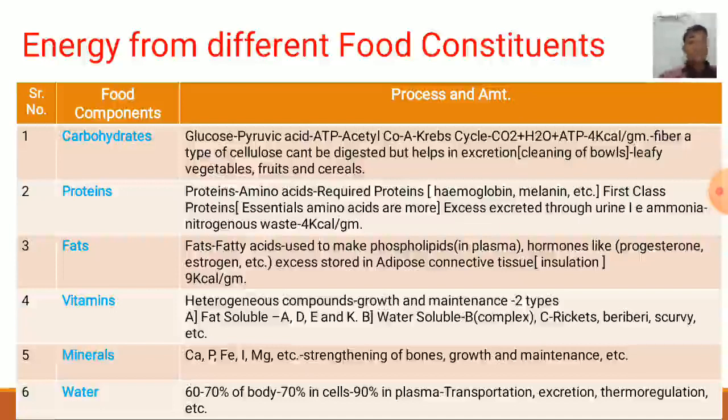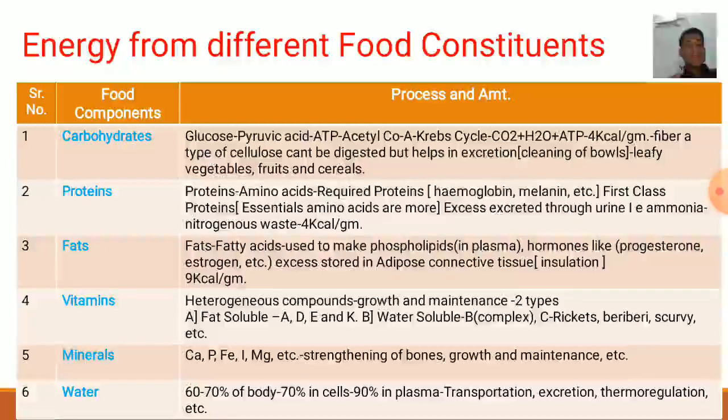For example, phospholipids are essential for the production of hormones like progesterone, estrogen, testosterone, aldosterone, etc., and the covering around the axon of nerve cells.